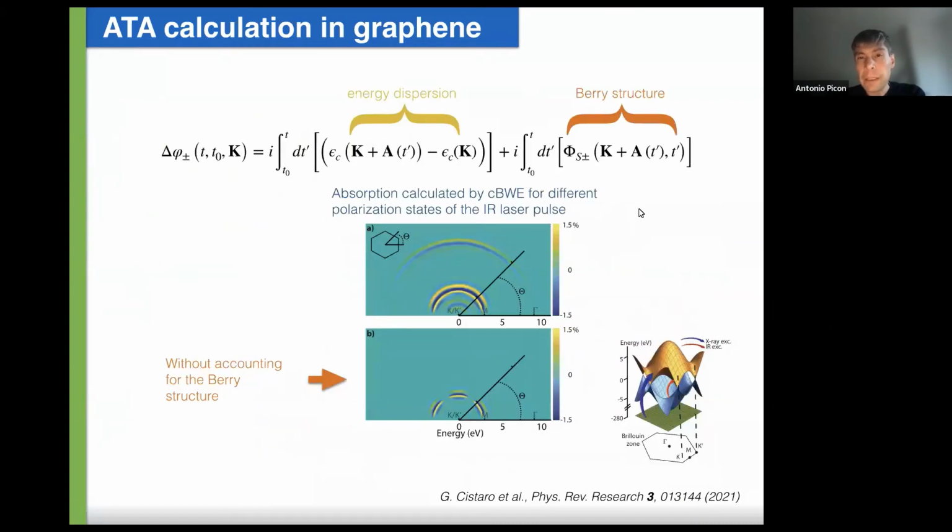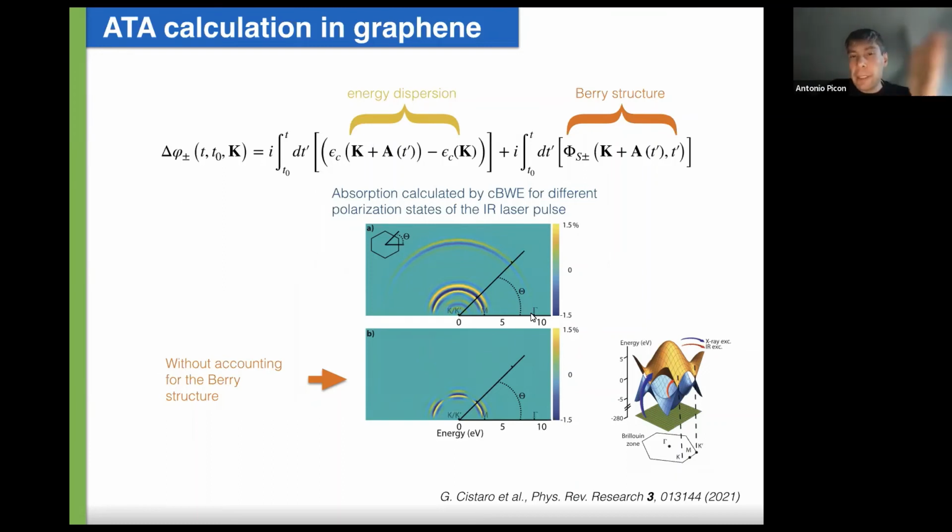And finally, we also thought about possible experiments in which we can emphasize more the part of the band structure rather than the energy dispersion. One possibility is an experiment in which we take a pump-probe scheme, but instead of changing the time delay, we change the polarization of the laser.